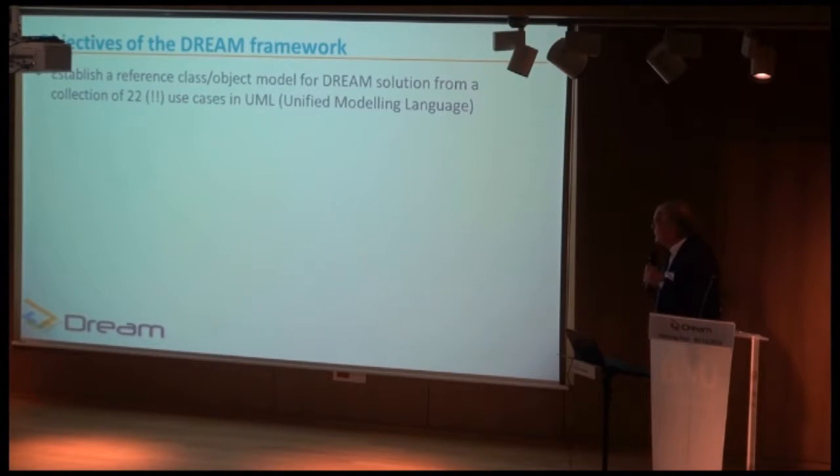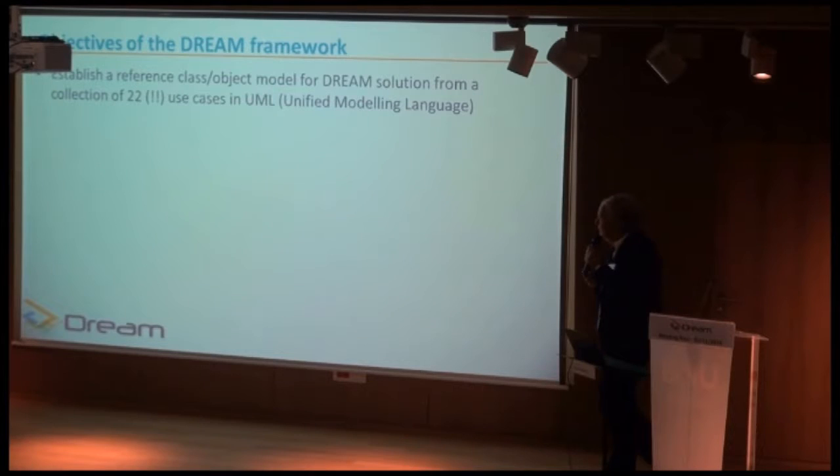And we came to 22 use cases that we collected, and with UML, which is the standard in information engineering, we tried to bring all these use cases together. And in UML, you focus mostly on three things of the operation.